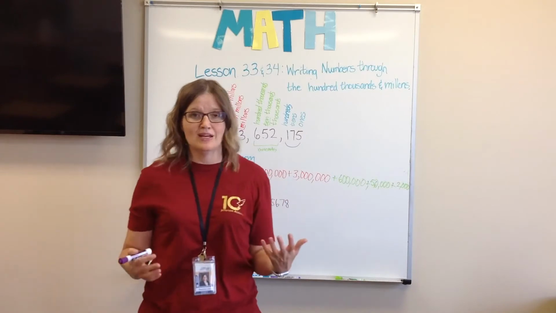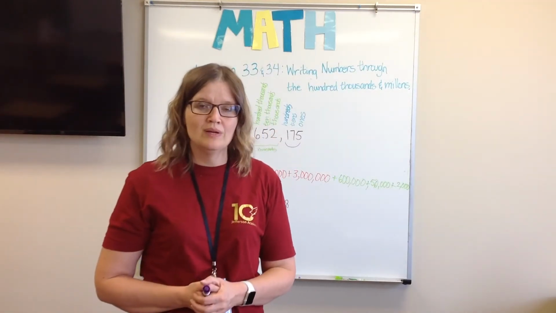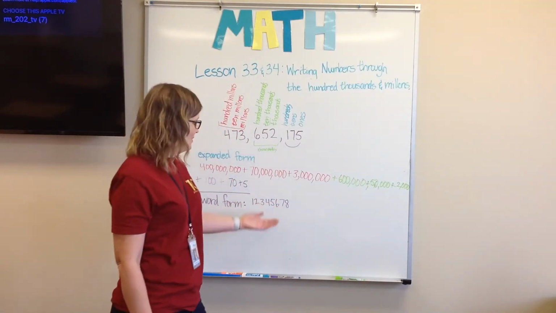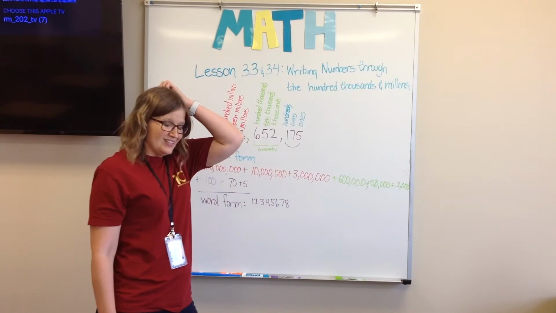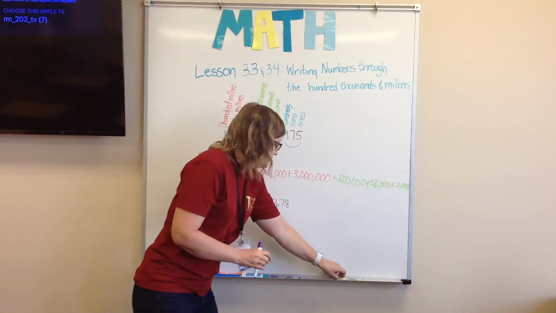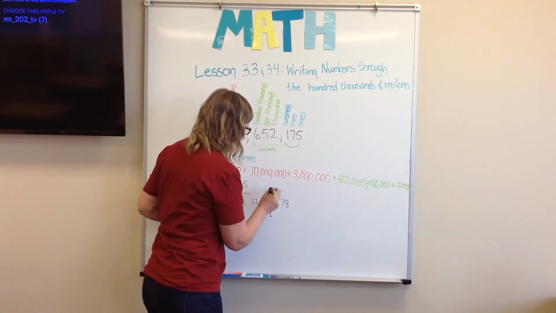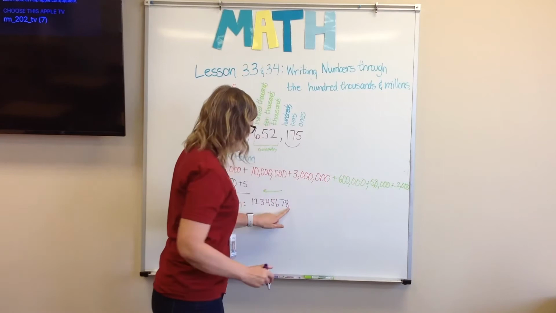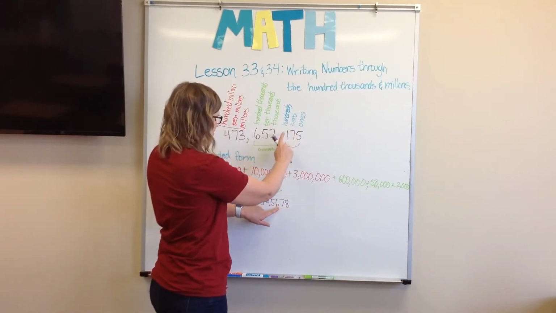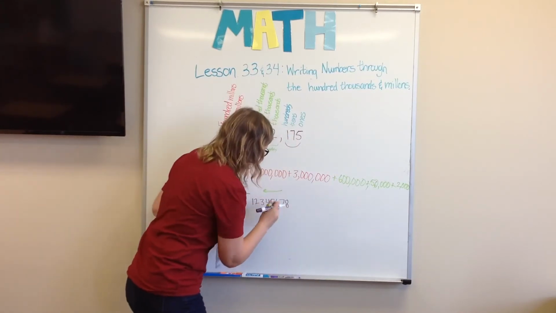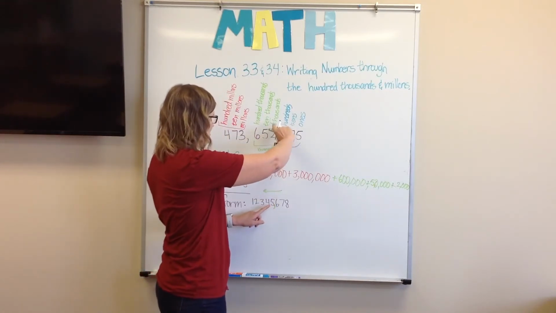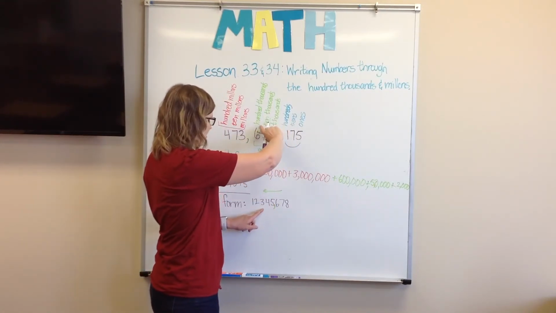Now, the next part, writing numbers in word form. We have this string of numbers, and we've got to figure out what we need to write. This is how you do it. You look at the number and go from this direction. We know that this is the ones, this is the tens, this is the hundreds. Then we put a comma. Then we have our thousands, our 10,000s, and our 100,000s.